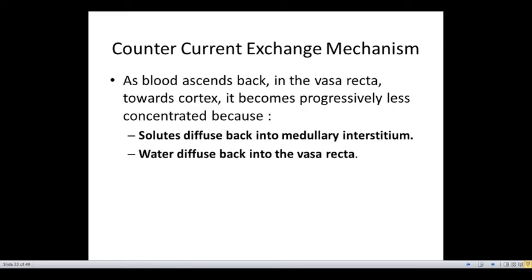As blood ascends back in the vasa recta towards cortex, it becomes progressively less concentrated because now the opposite events occur: the solutes diffuse back into the medullary interstitium and water diffuses back into the vasa recta.